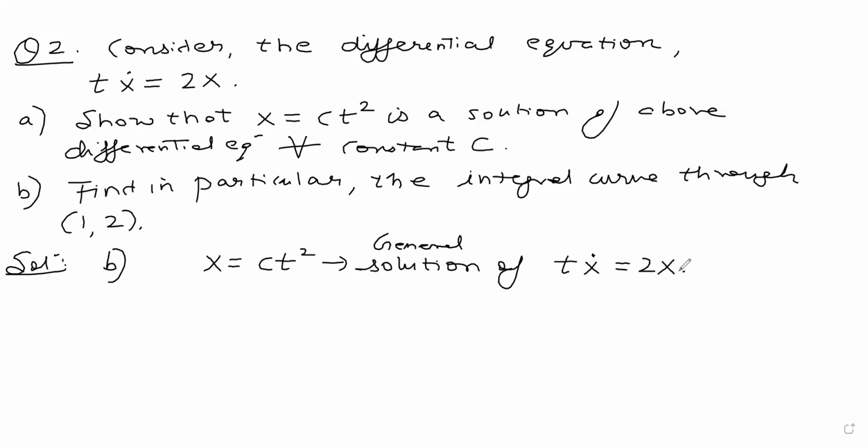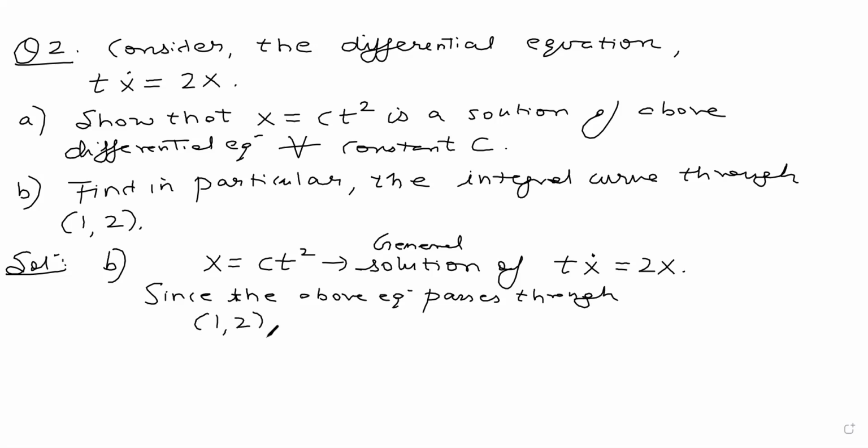Now, since the above equation passes through the point 1, 2, therefore 1, 2 must satisfy the above equation, where 1 is nothing but t and 2 is nothing but x.